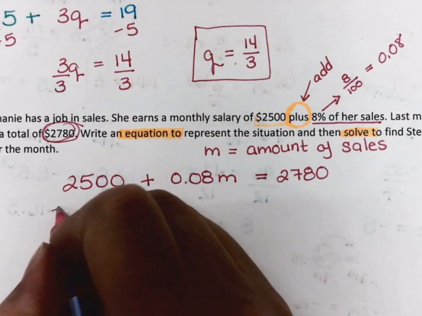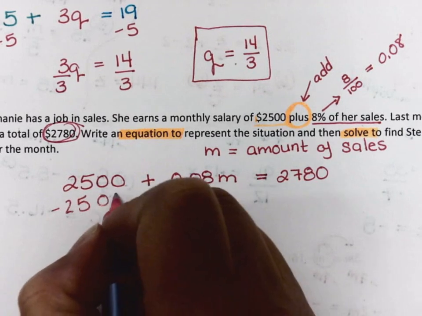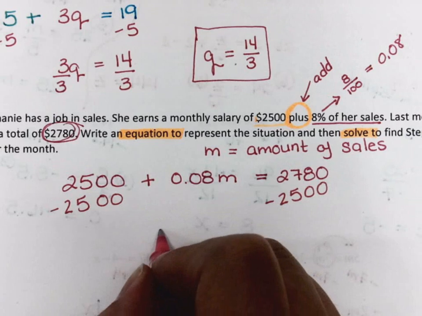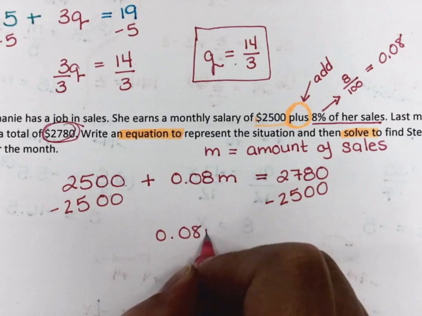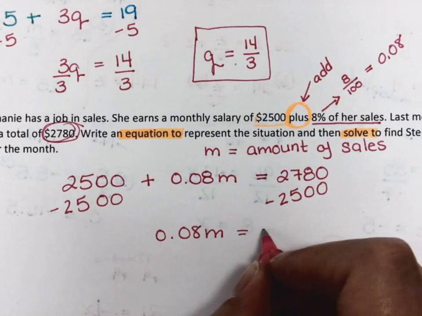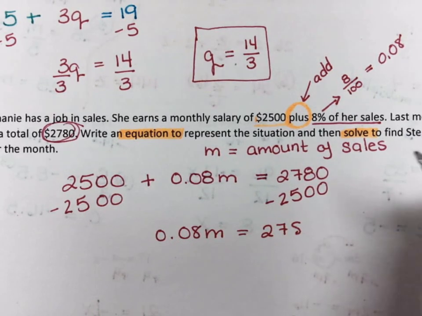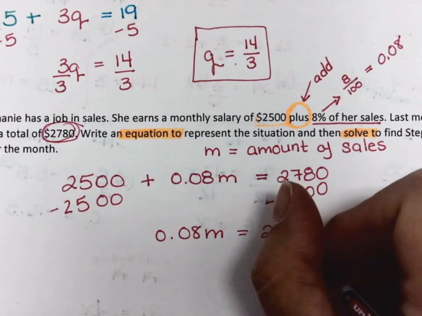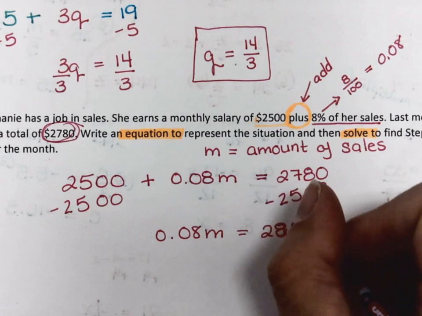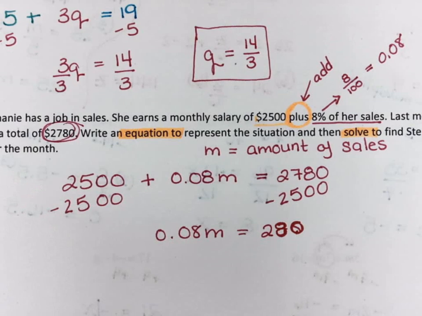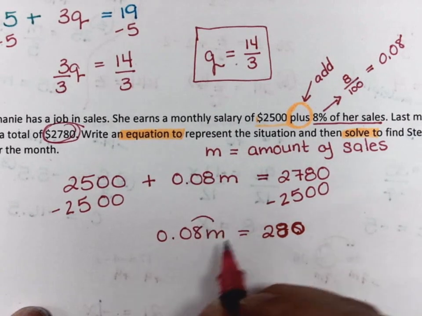So first thing I'm going to do is remove the constant by subtracting it from both sides. So I have 0.08 M equals $280. I don't know where I was getting the 7 from. $280 left. And now I have to divide by a decimal because these two things are multiplied together.